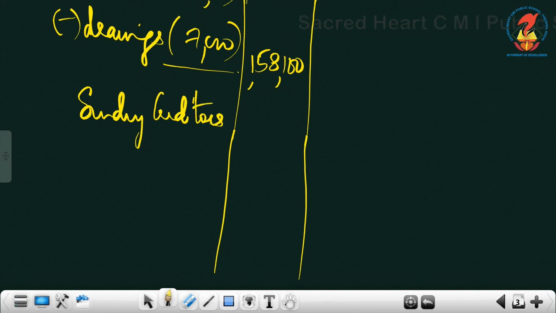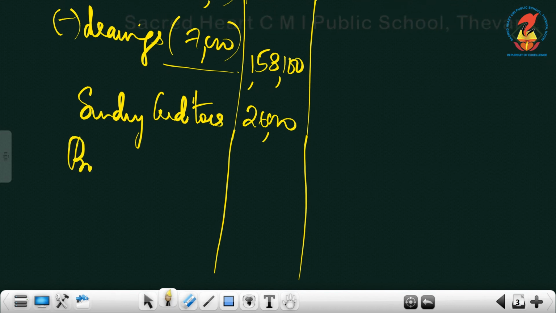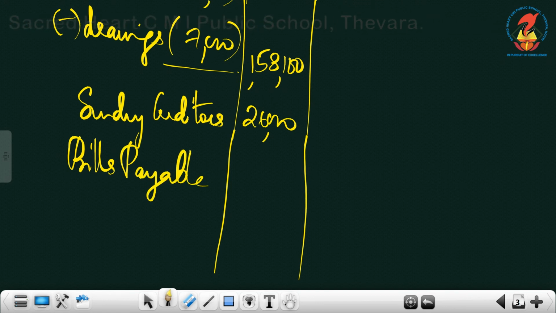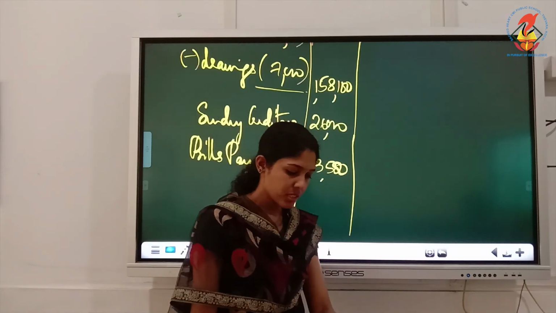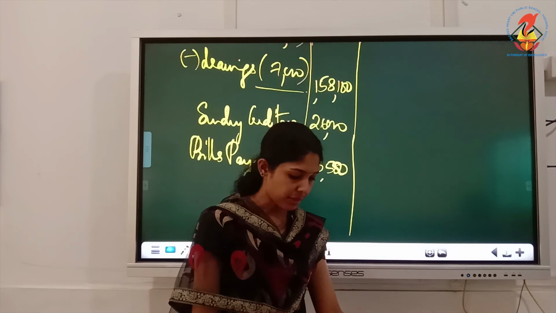Sundry creditors amount is 26,000. Then we have bills payable, all these are current liabilities. So bills payable 23,500. Okay, then the items inside the trial balance are over. The current liabilities are over.